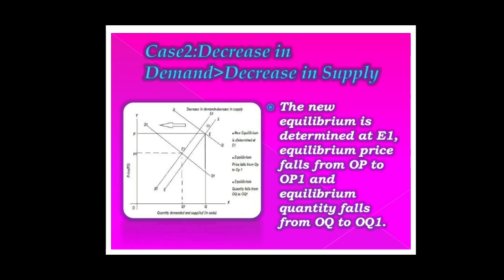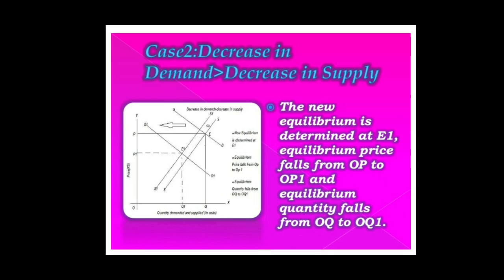Now coming to case second, which is when decrease in demand is greater than decrease in supply, the initial equilibrium point is determined at point E, where the original demand curve DD intersects the original supply curve SS.